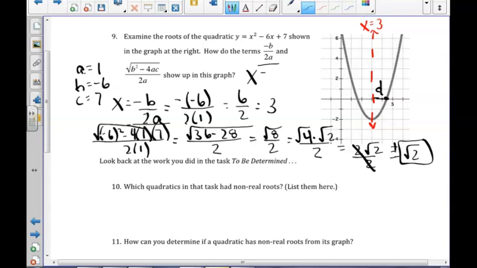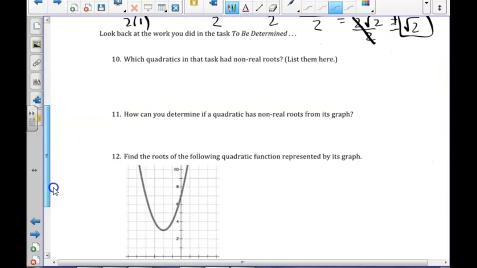So therefore, we know that 3 plus root 2 and 3 minus root 2 should be our x-intercepts, or our roots, to this quadratic function. And we can see that those will be irrational solutions, but they are indeed real.